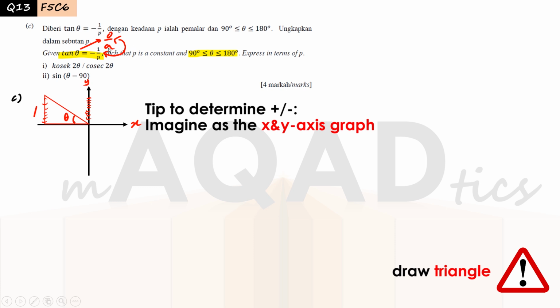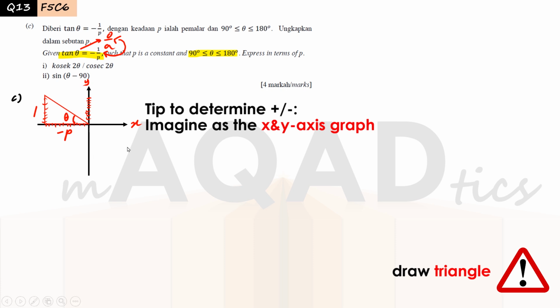So if you look at adjacent, if we compare, it's p, but here I will put negative p, because if I look at the values on the x-axis, these values are all negative because it is at the left side of the y-axis. Okay, so this one would be negative. This is quite a common mistake for students because they forgot to put the negative, and maybe they accidentally put the negative on the wrong side.